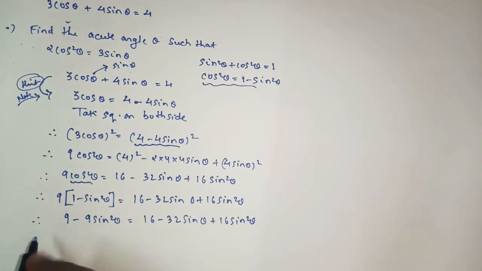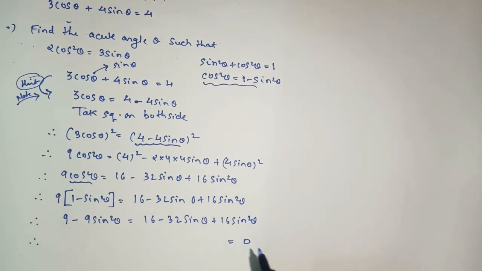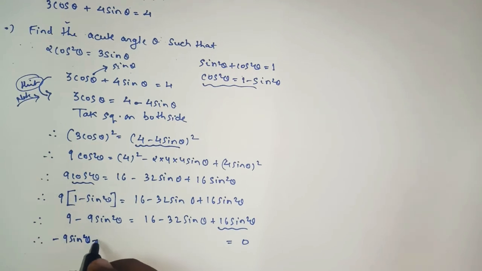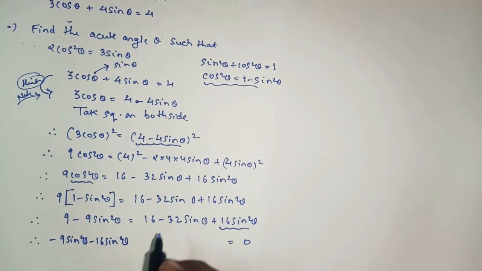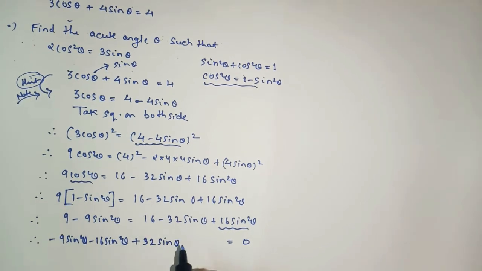Okay. So now after this, we'll bring all the terms to the left hand side. First, we'll bring this 16 to the left hand side. So this will be minus 9 sine square theta minus 16 sine square theta. And after that, we'll bring this minus 32 to the left hand side, so this will be plus 32 sine theta.